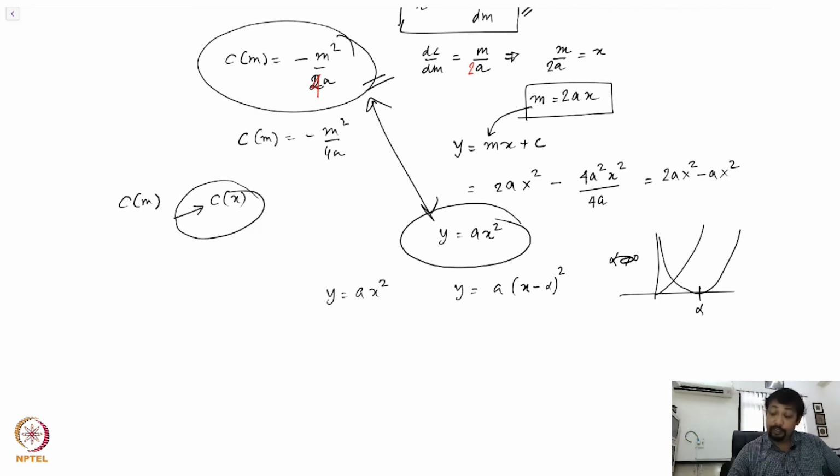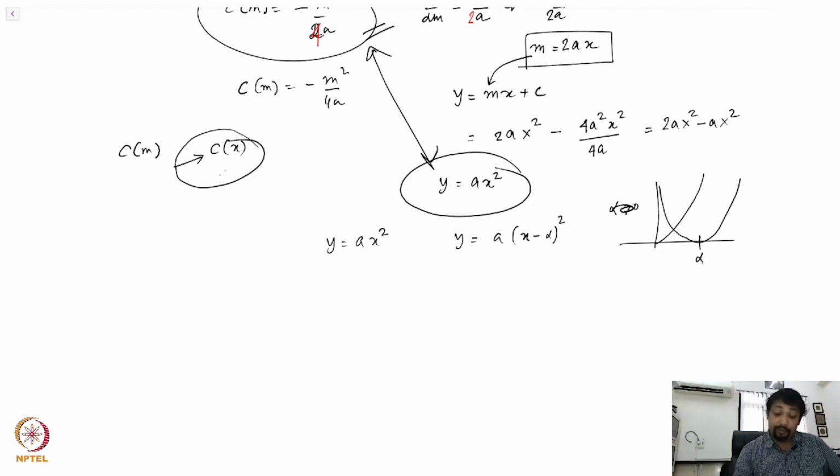So the information contained is not the same, and from this definition, if you just have c as a function of x, you cannot reconstruct back the function completely.